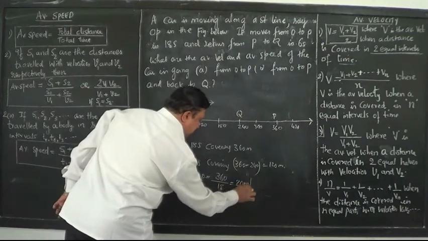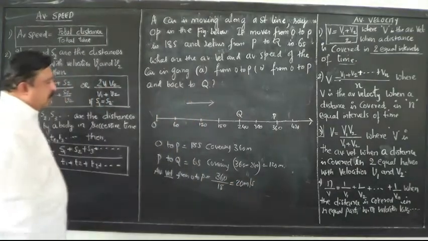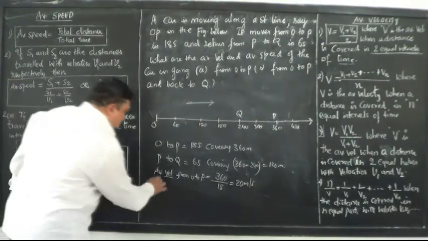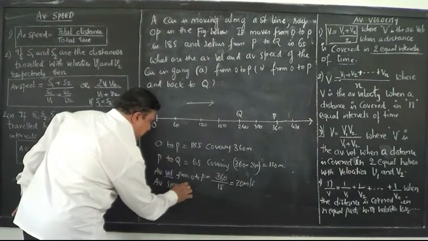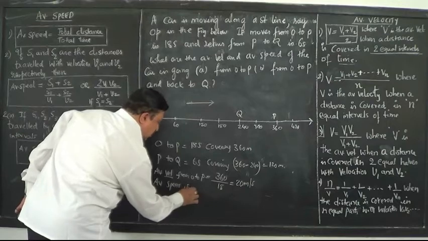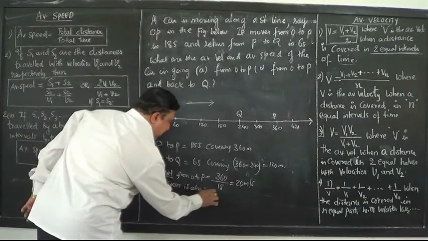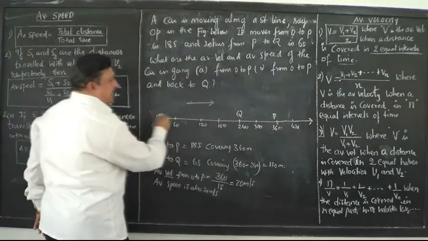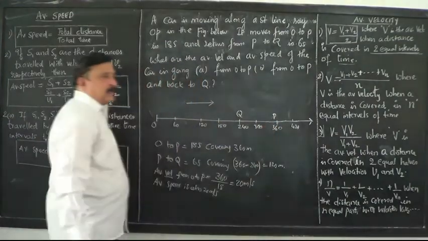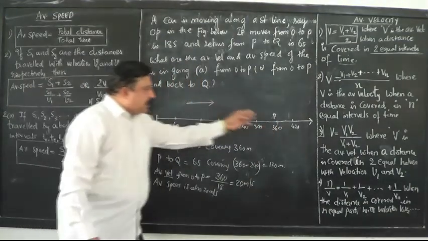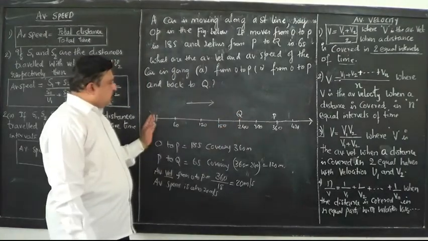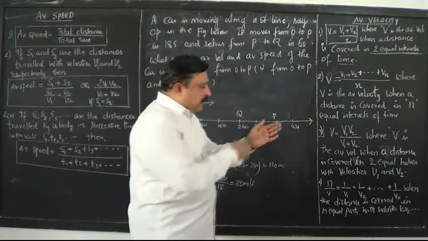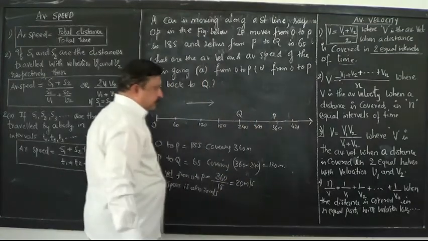So 20 meters per second is the average velocity. And average speed is also 20 meters per second, because when the particle moves from O to P, you may say it is average speed or average velocity, because O to P is a motion with a definite sense of direction.